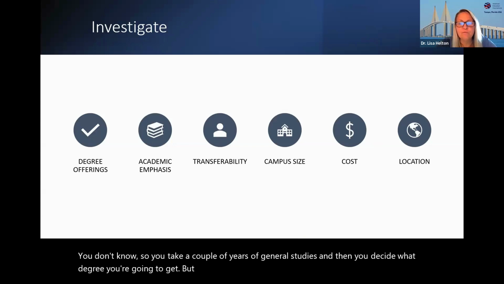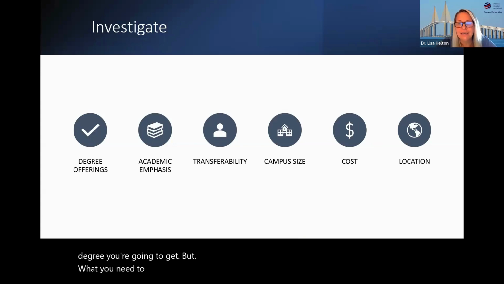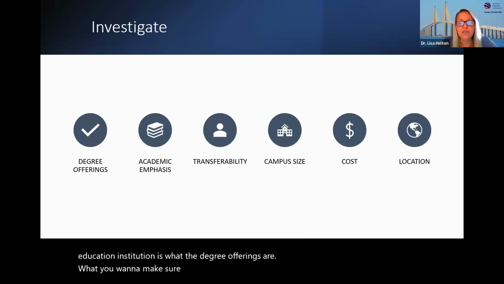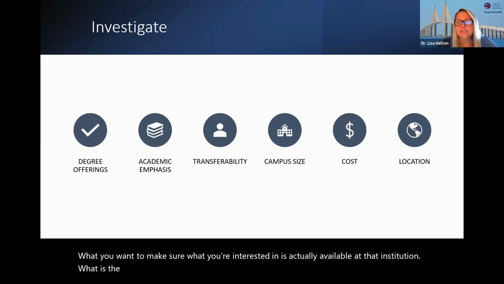But what everyone needs to investigate when seeking out a higher education institution is what the degree offerings are. You want to make sure that what you're interested in is actually available at that institution. What is the academic emphasis?